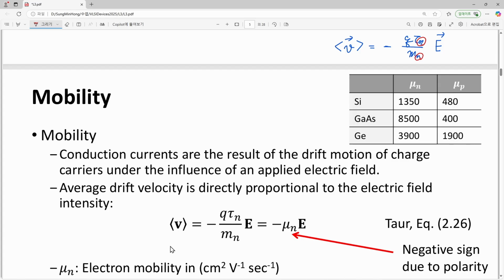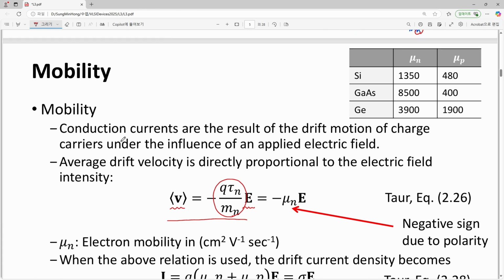Now we have this expression as shown here, and here we have a proportional coefficient of the steady state average velocity with respect to the electric field. This proportional coefficient is called the mobility of a certain carrier type.